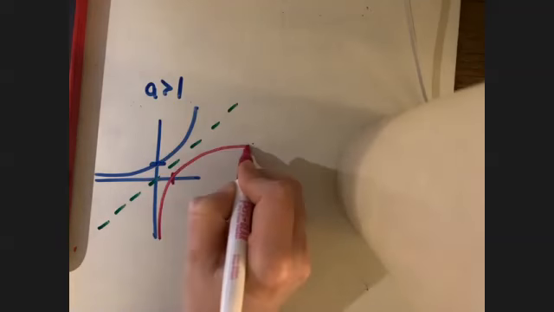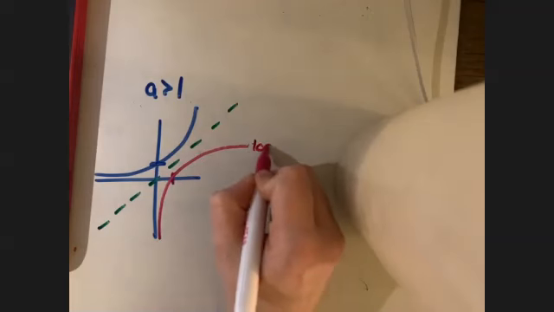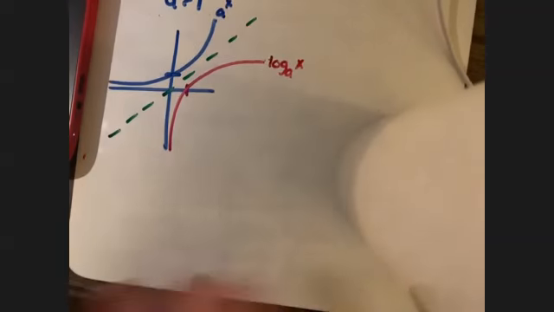This graph is now going to look like this, okay? Whereas beforehand we had a horizontal asymptote, now we're going to have a vertical one. So this was our log base a of x, and this was a to the x when a was greater than 1.